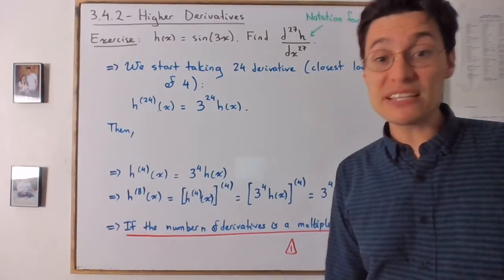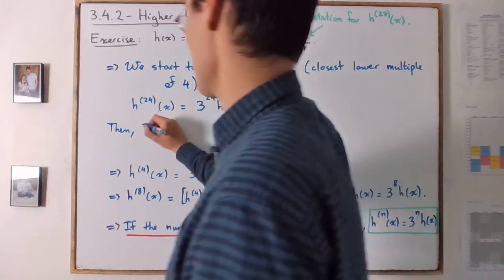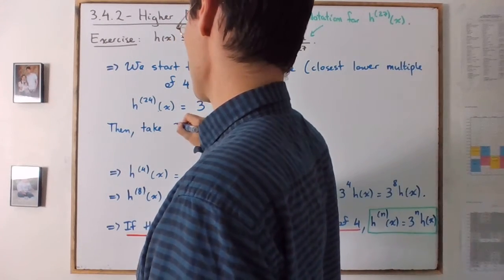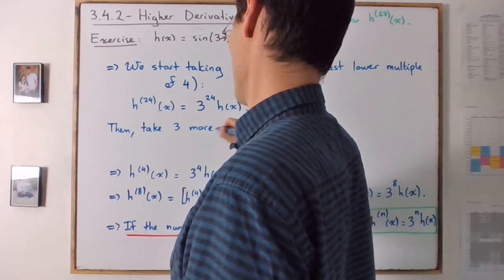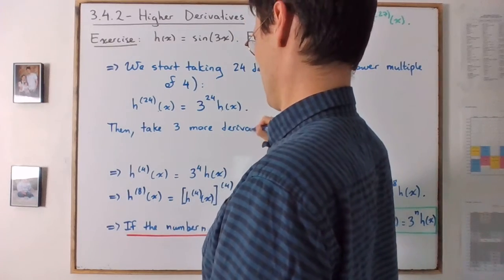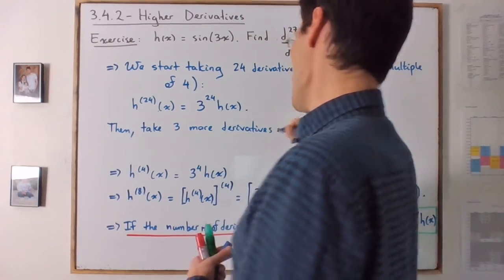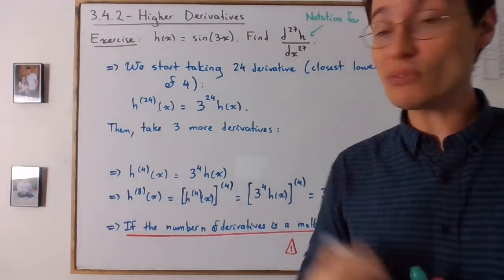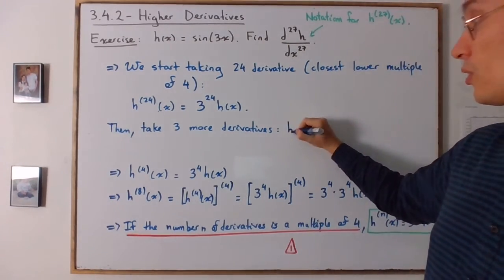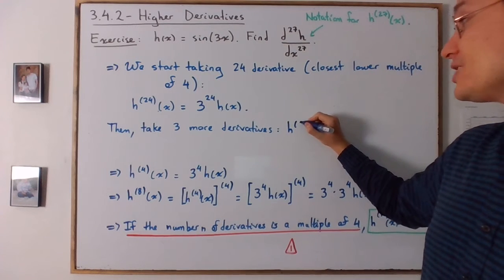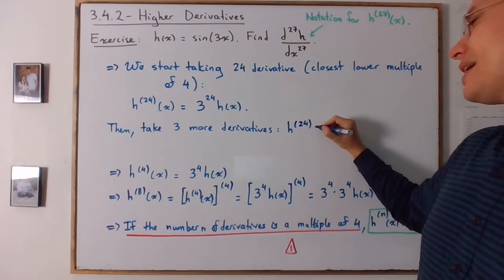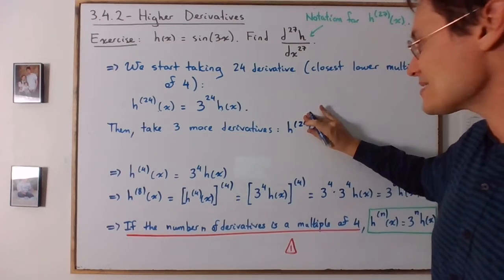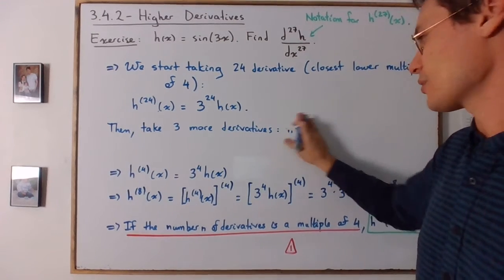And then obviously you take 3 more derivatives. By the way, these 3 derivatives were already taken down, so don't take them again. So what do we mean? We have the 27th derivative of h.